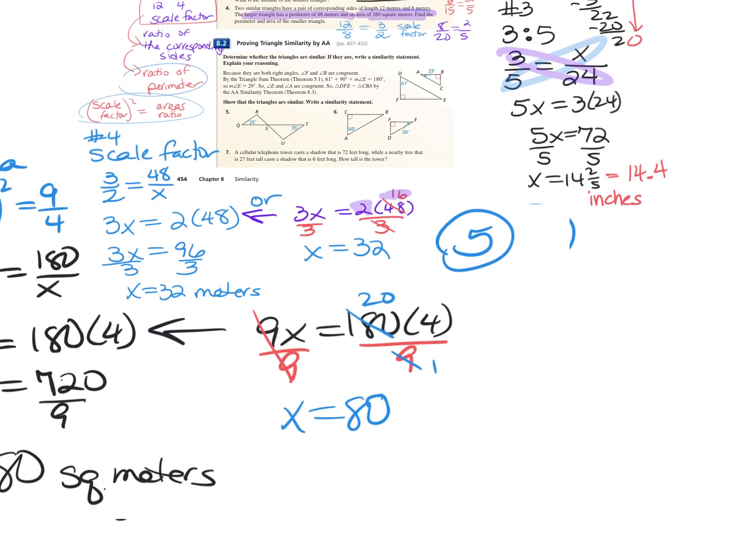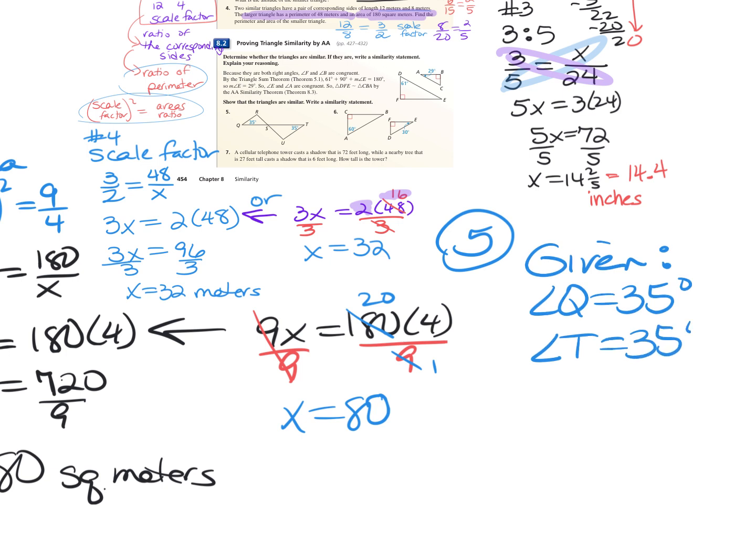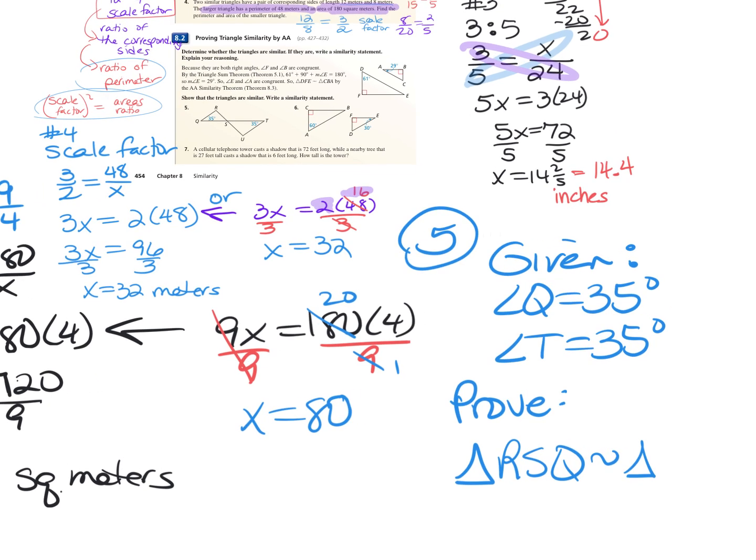So for number 5, I'm going to give you, so given that angle Q equals 35 degrees, angle T equals 35 degrees. I want you to prove that triangle RSQ is similar to triangle UST. Now, this question didn't ask you to write a proof.